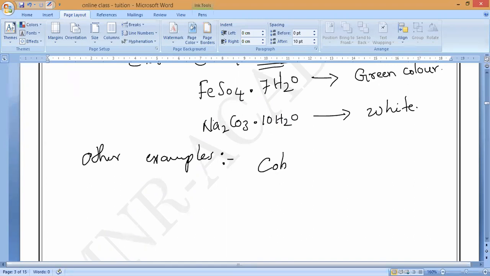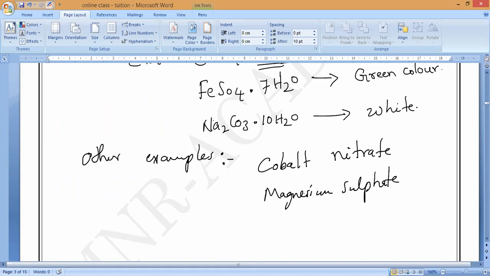If you want, you can take more examples: cobalt nitrate, magnesium sulfate. For class 10th, three or four is enough. Next, copper sulfate, nickel sulfate. So these are other examples of hydrated salts.